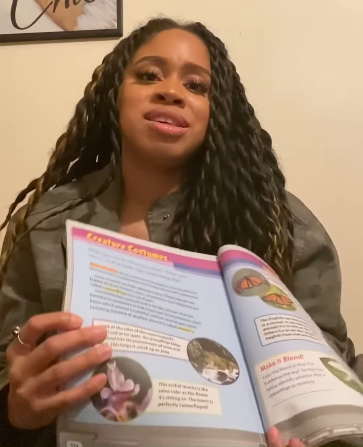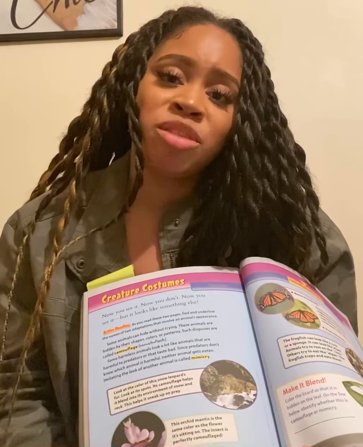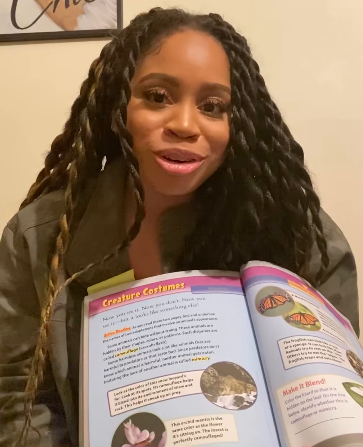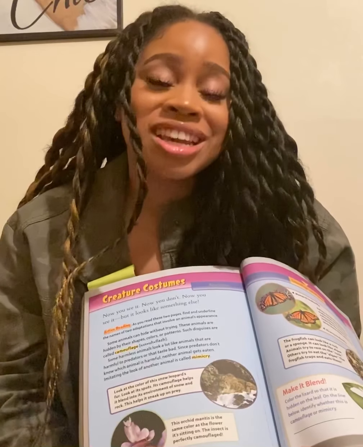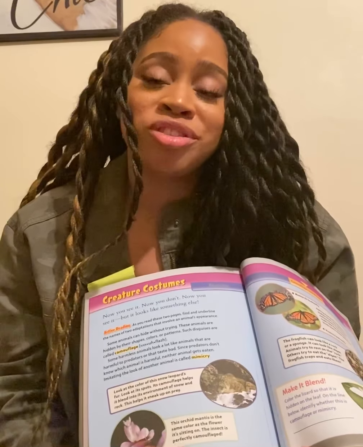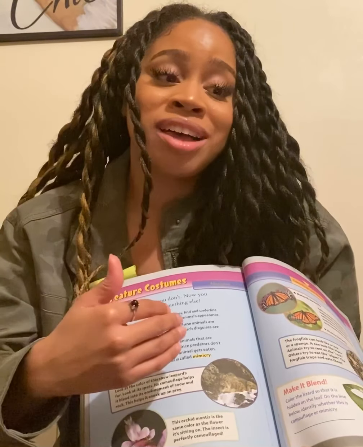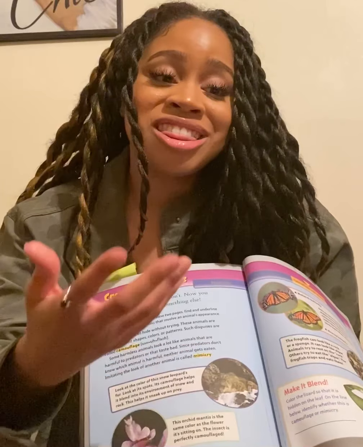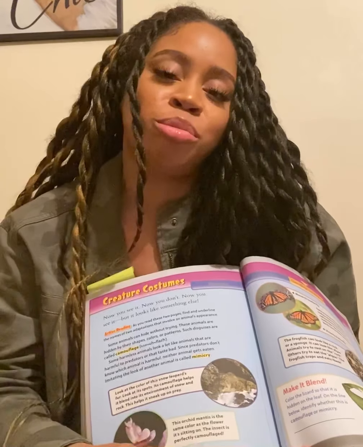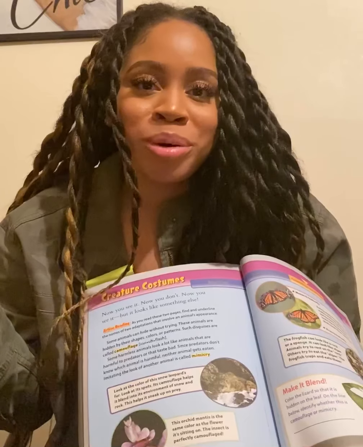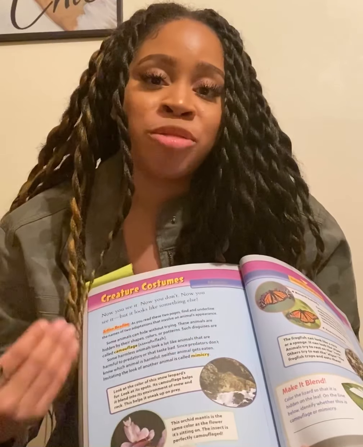But in this case, we see that with mimicry, the animal will imitate an animal that's maybe more harmful, okay? Mimicry is, again, a survival tactic. It protects and helps animals survive because if a predator is wanting to possibly attack that animal that's able to mimic another harmful animal, the predator won't know the difference and it will leave that animal alone.